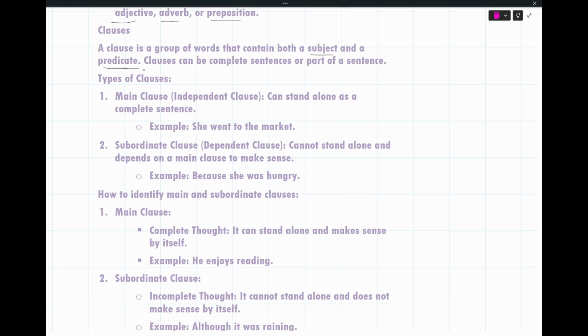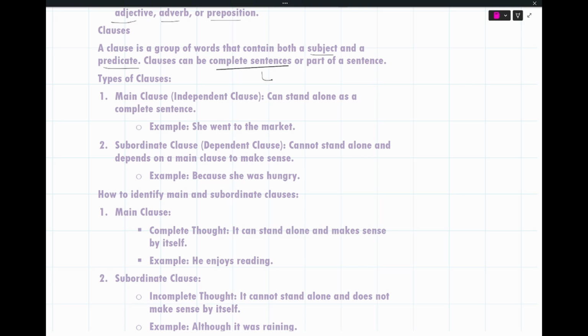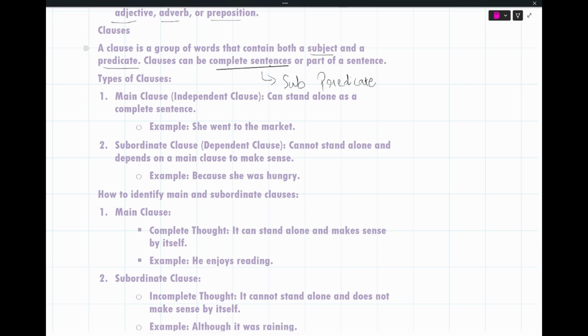But now, majorly in terms of predicate, it can be a complete sentence. So what is a complete sentence? A sentence is a group of words which make some sense, and a sentence is supposed to have a subject and a predicate. So if a clause has both subject and a predicate, it can very well be a complete sentence, provided that it makes full sense.